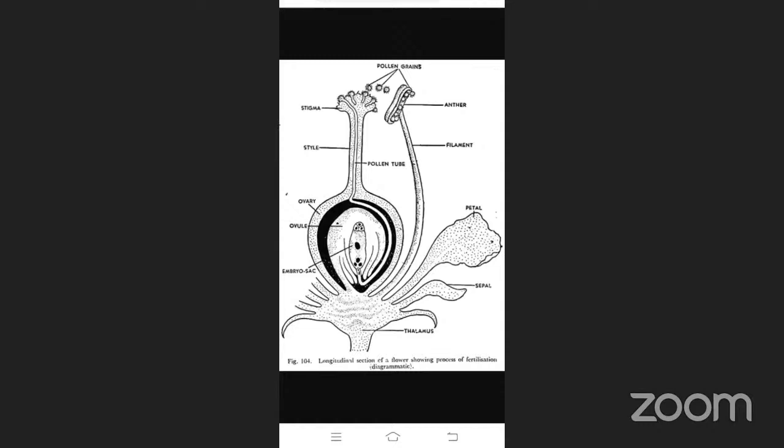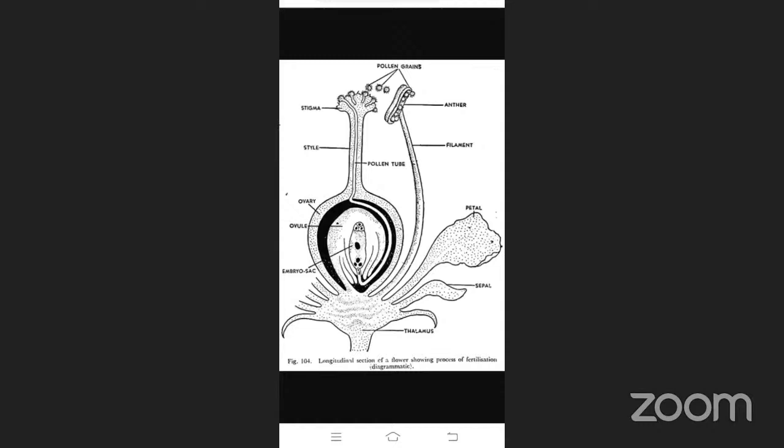So here the micropylar polar nucleus plus the chalazal polar nucleus, which are the secondary nucleus, fuse with one male gametophyte. The result is the primary endosperm nucleus.